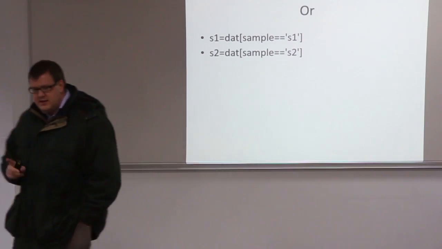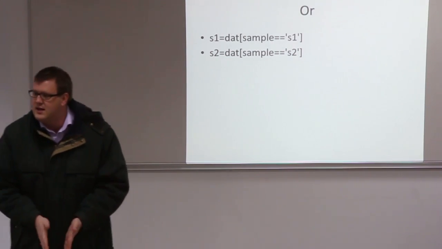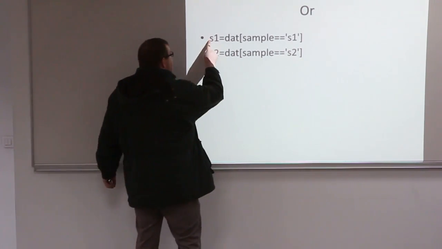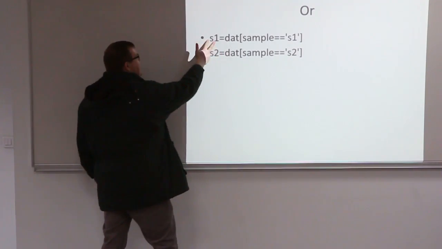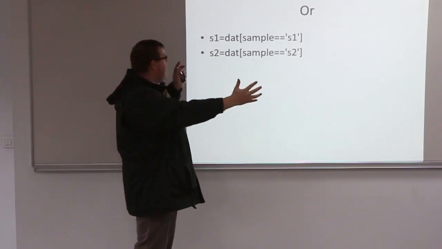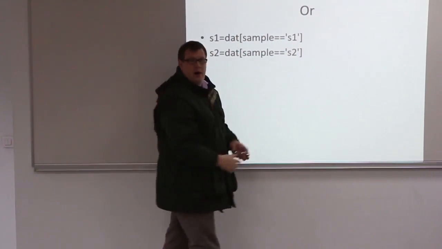Or this is sort of the way that you guys are more used to seeing things, right? We had separate samples. So here we have sample 1, S1 is DAT, that big long data thing that we had before, DAT where the sample equals sample 1.